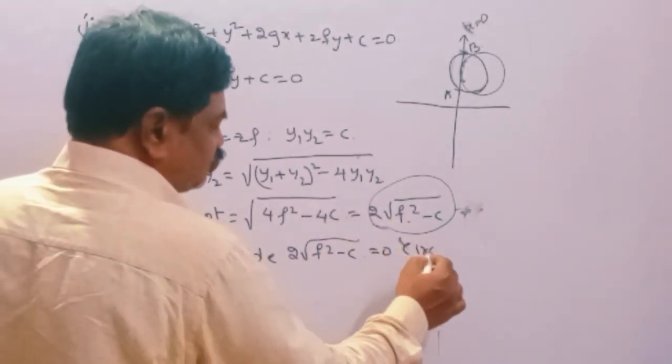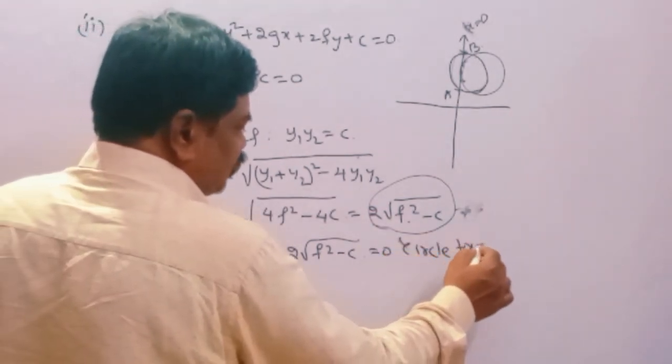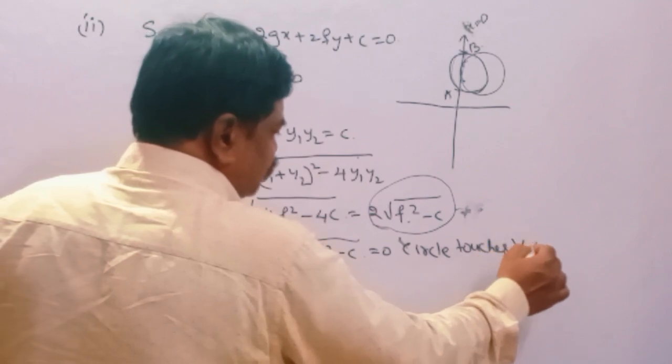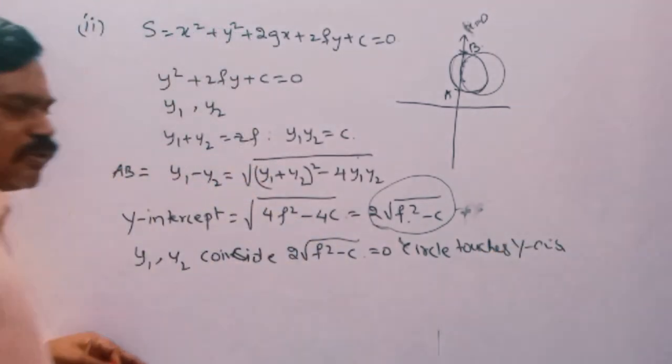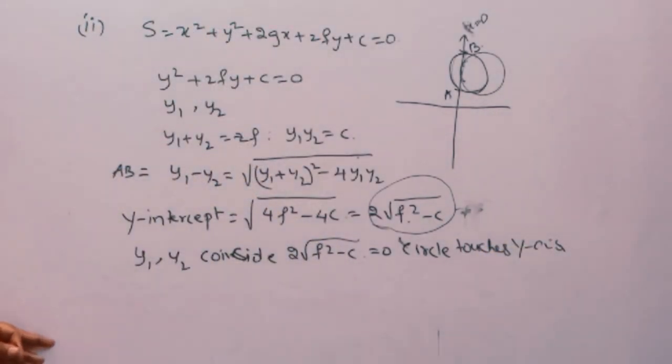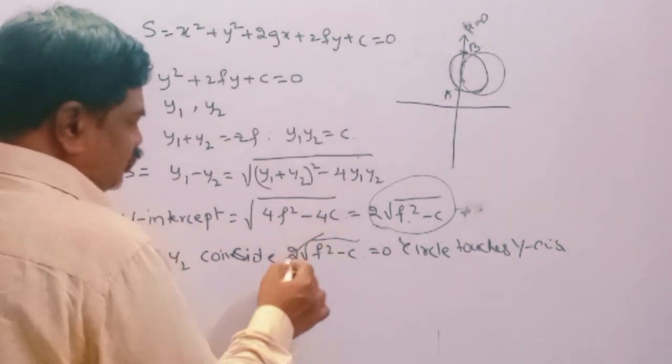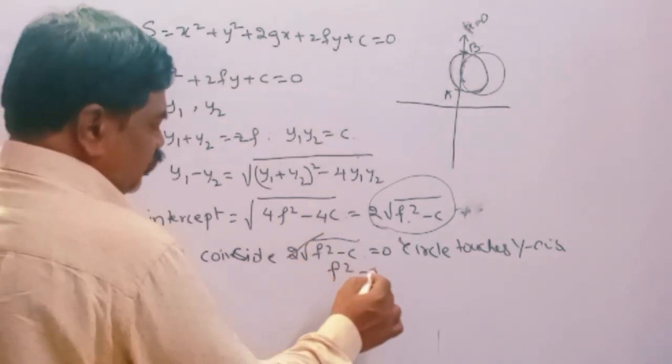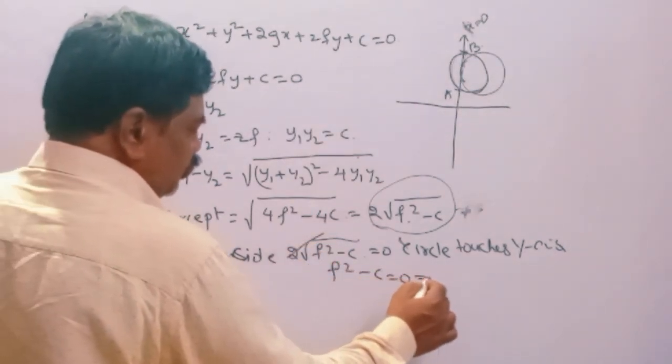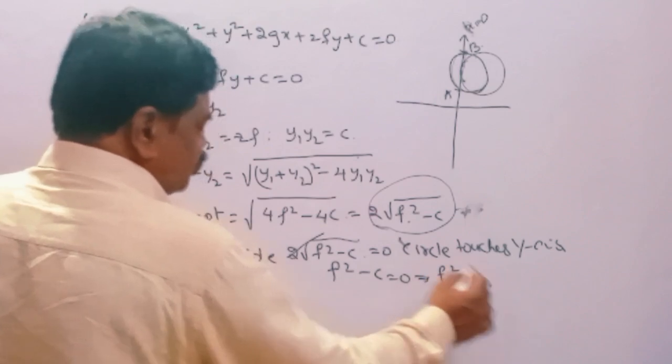The circle touches the y-axis. Then what? Here this one cancels. F square minus c equal to 0. F square is equal to c.